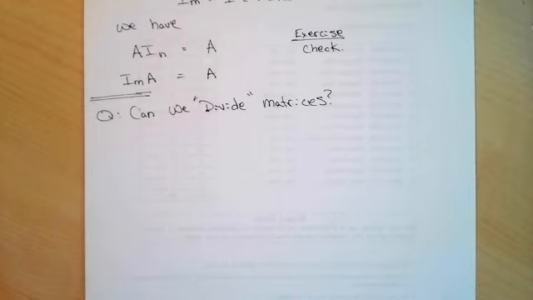The natural question is, can we divide matrices? I kind of mentioned it with addition. If I want to undo addition, we can always subtract, right? And how do we subtract matrices? Well, I didn't formally write out how to do it, but we did formally write out how to do scalar multiplication and addition. So I could always take a matrix, multiply by -1, and then add it to another matrix. That would be the equivalent of subtraction with matrices.